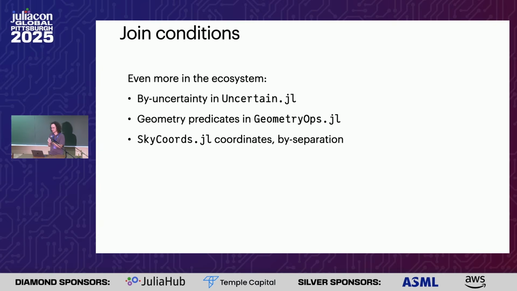Basically, if you have two data sets with uncertain numbers, and you want to match those that fall within their errors. In GeometryOps, they added geometry predicates, I think mostly for 2D geometries where you have polygons that contain each other, and provide some tree-based optimized joins as well.